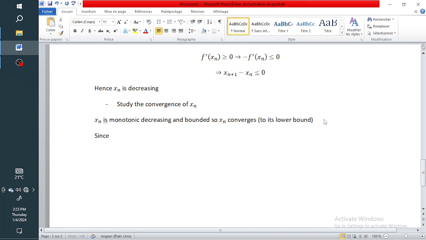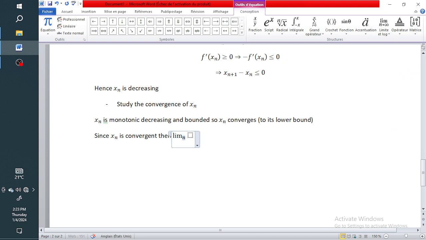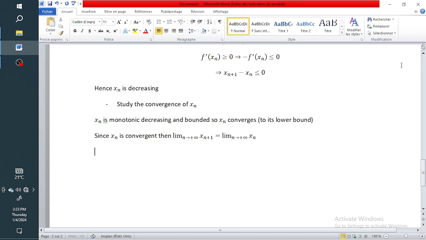Since x of n is convergent, the limit as n tends to positive infinity of x of n plus 1 is the same as the limit as n tends to positive infinity of x of n.